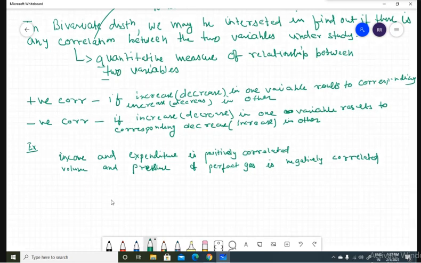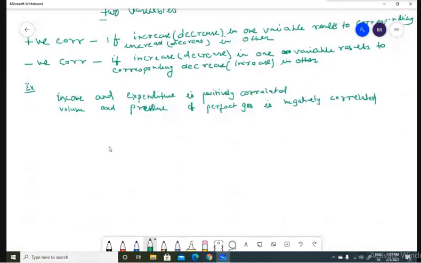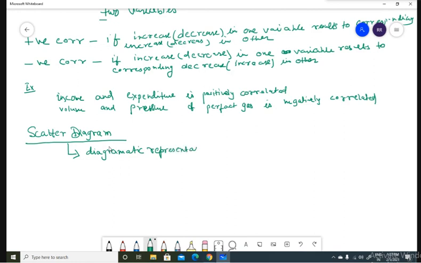Next is the scatter diagram. A scatter diagram is a diagrammatic representation of bivariate data.